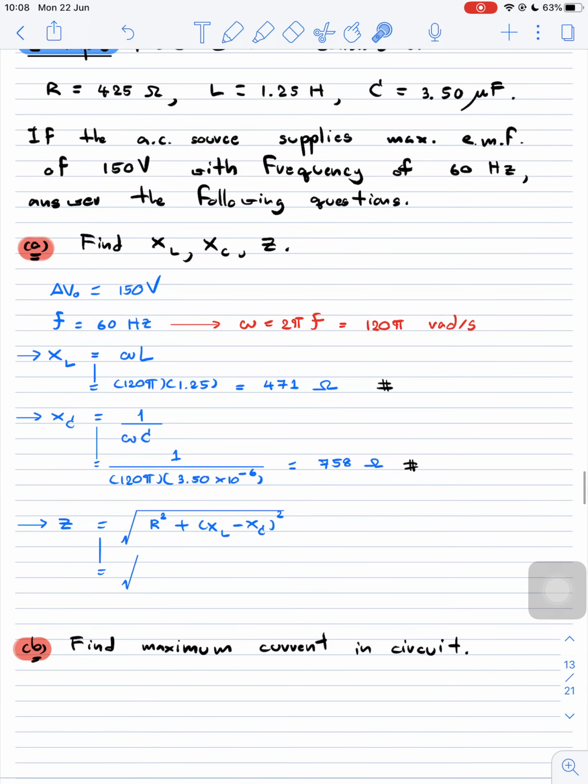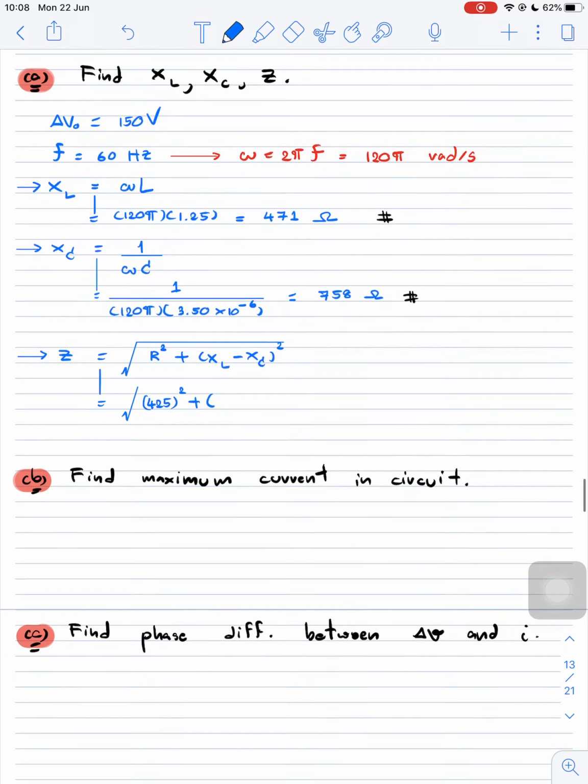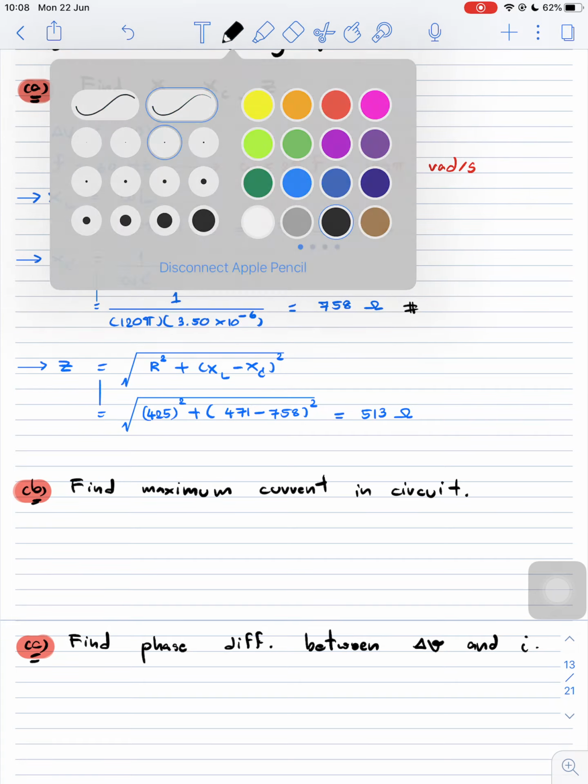R is 425 ohms, so just plug in 425 squared, plus XL minus XC. So we have 471 minus 758, squared, and then take the square root. The answer is equal to 513 ohms. Okay, 513 ohms.